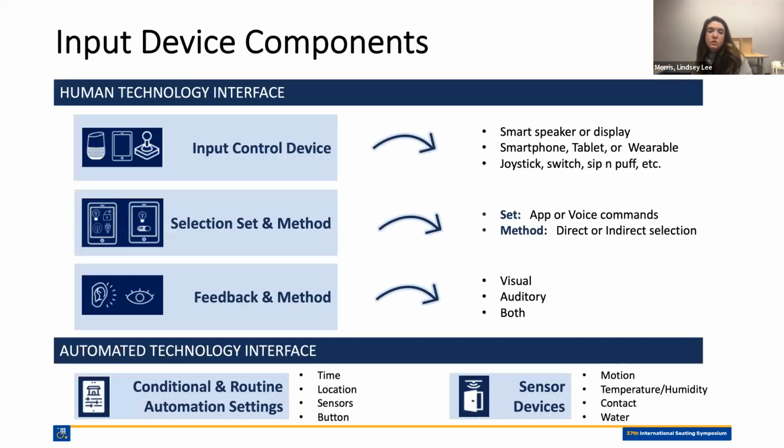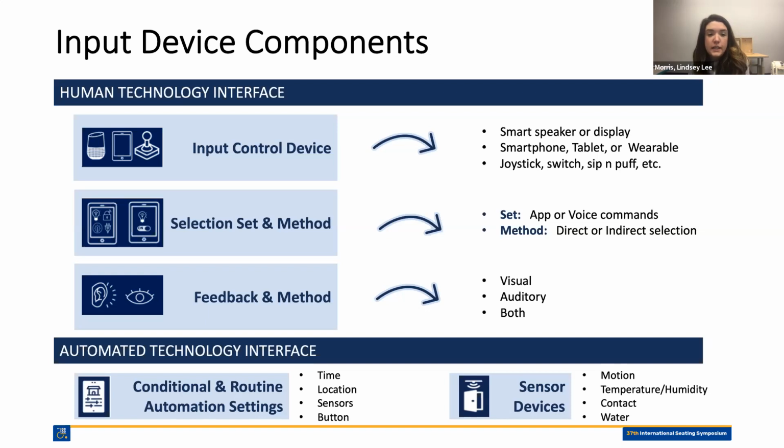So just to go over the components that make up an input device, the main form is a human technology interface. This includes the actual hardware input control device, which in relation to smart home technology might be a smart speaker, display, smartphone, tablet, or wearable, and/or a joystick, switch, sip and puff, any type of assistive technology device that would be used in conjunction with a smartphone, tablet, or wearable.